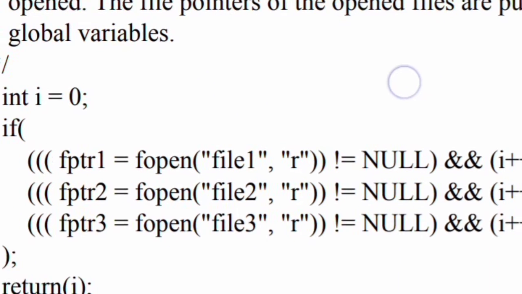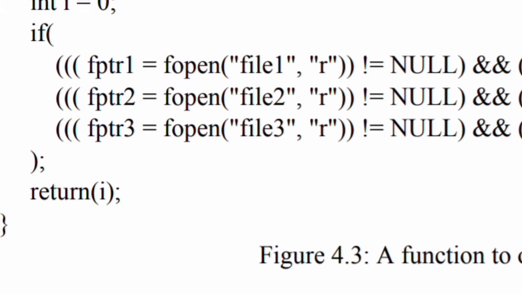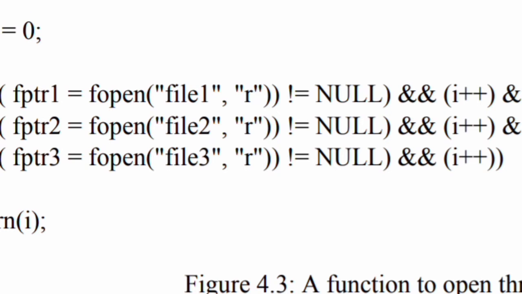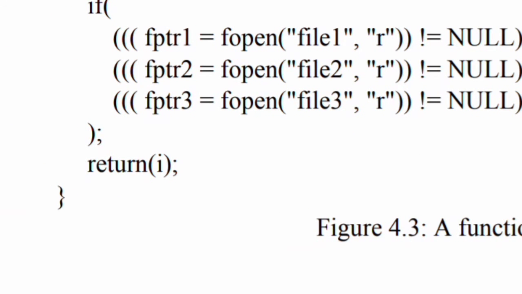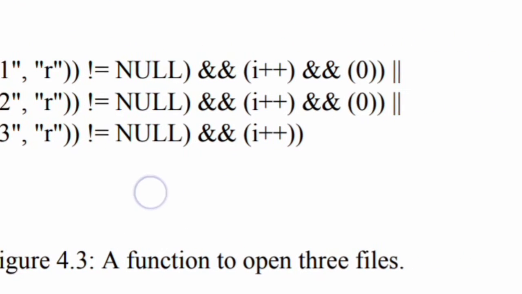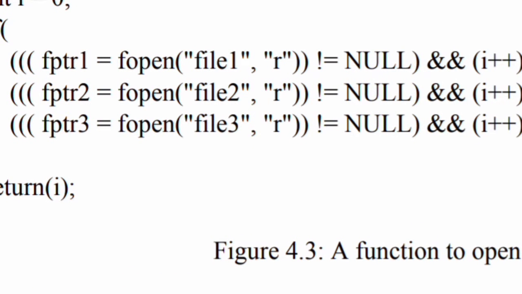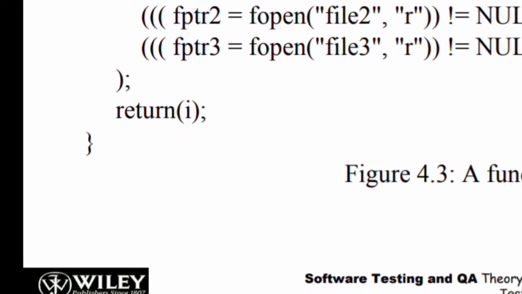The file pointers of the open files are put in the global variables. i equals 1, FPTR1 equals fopen(file1, read mode) is not equal to NULL, and i++; the same statement is checked for the next file pointers, not equal to NULL, i++, and then return.